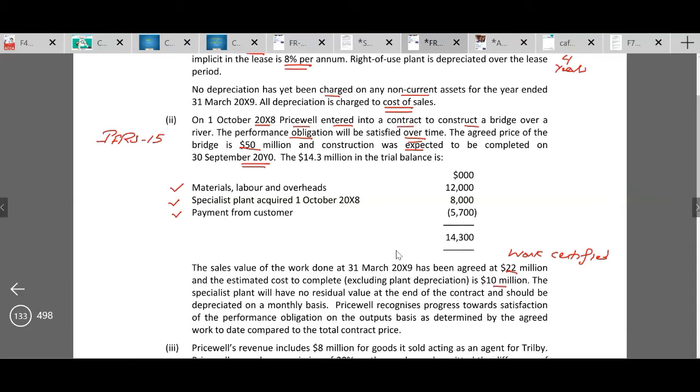The specialist plant will have no residual value at the end of the contract and should be depreciated on a monthly basis. So that means it should be depreciated over 2 years. Pricewell recognizes progress towards satisfaction of the performance obligation on the output basis, as determined by agreed work to date compared to the total price, which means work certified.